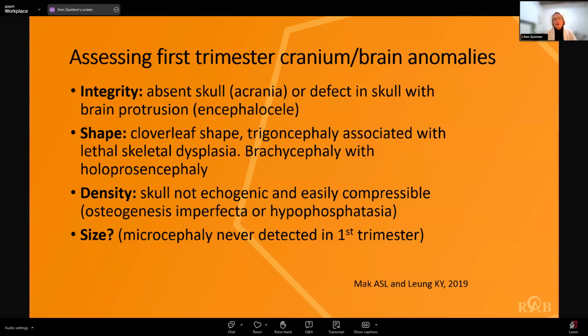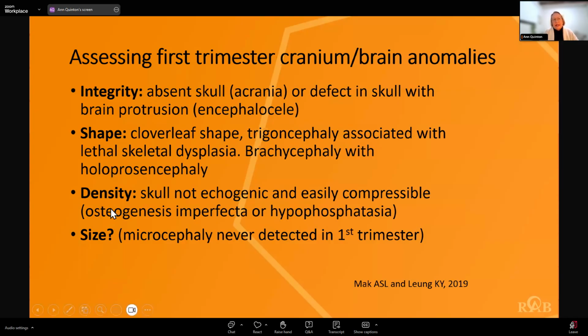And then with holoprosencephaly, with shape, you'll get a very round head. And sometimes I've found with very new ultrasound practitioners, when they first start scanning the first trimester fetus, they don't recognize the holoprosencephaly, but they notice that this head is round like a soccer ball rather than a rugby ball, rather than that egg-shaped.